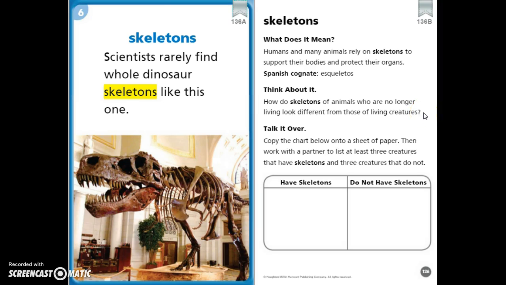Discuss that with your learning adult at home. Talk it over. Copy the chart or discuss with your learning adult. List at least 3 creatures that have skeletons and 3 creatures that do not. Join me when you're done.